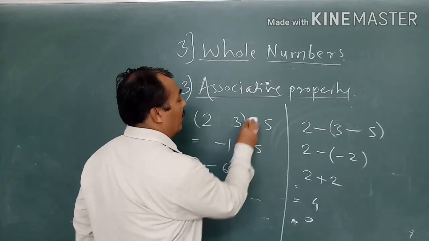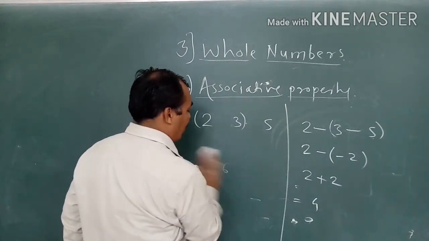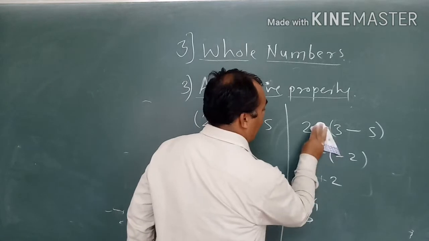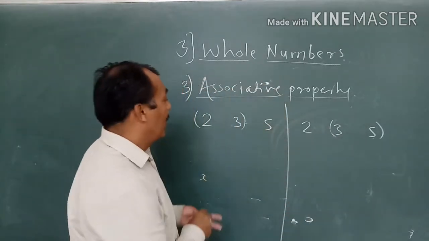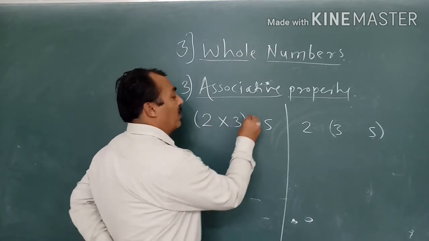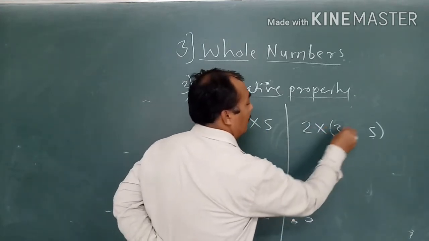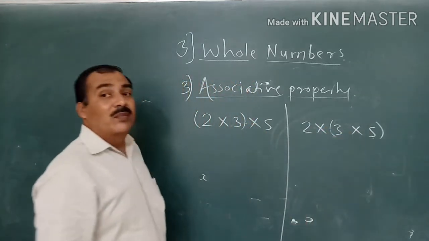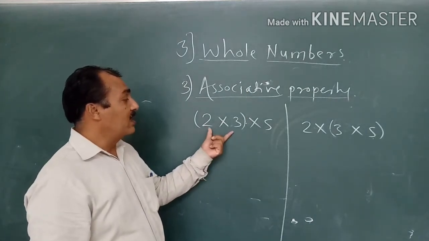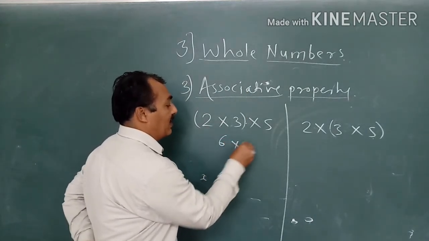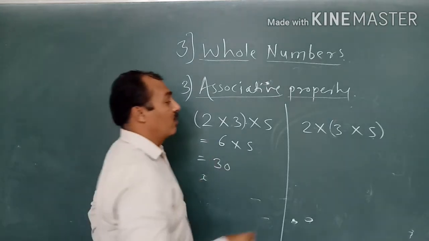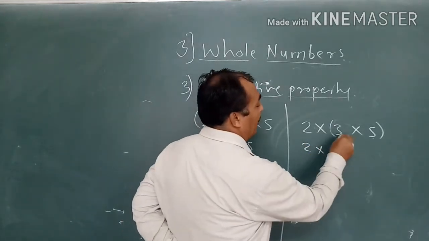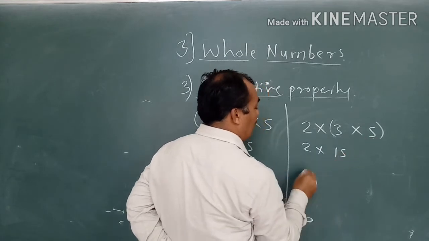Let us try this property for multiplication of the whole numbers. 2 multiplied by 3 multiplied by 5. We group them in different ways. 2 3s are 6, 6 5s are 30. Here we got 30. Now 2 multiplied by 3 5s are 15, 15 2s are 30.